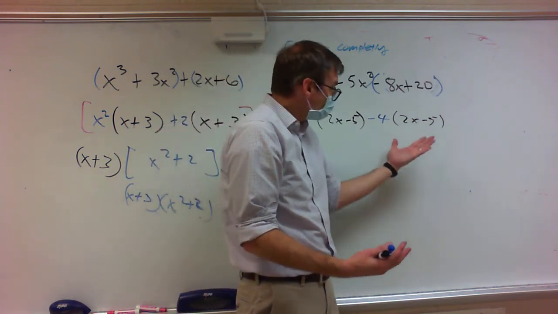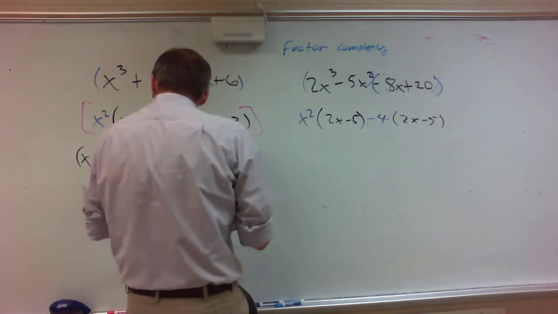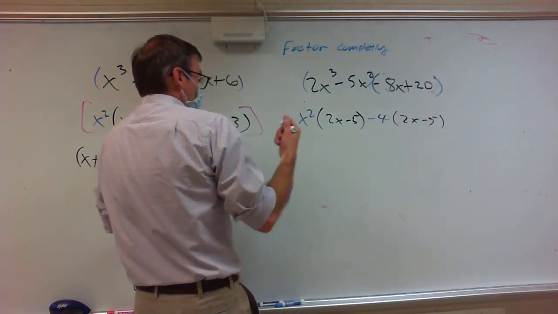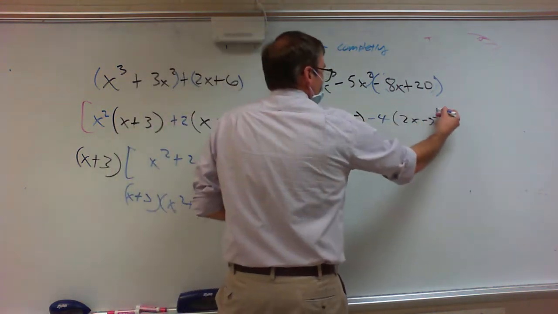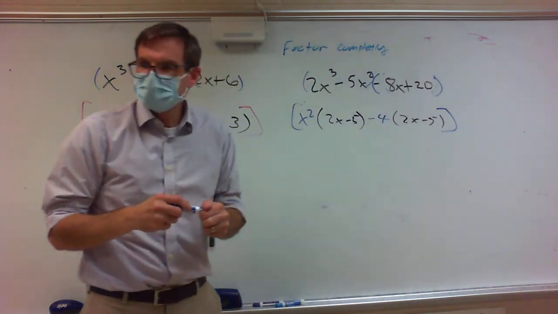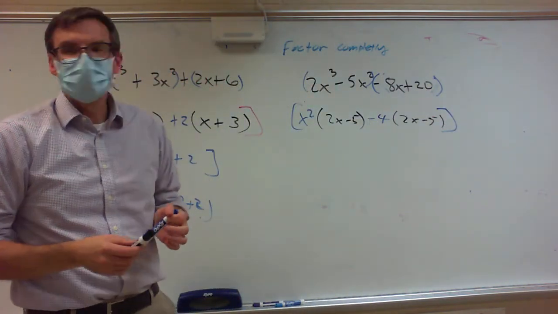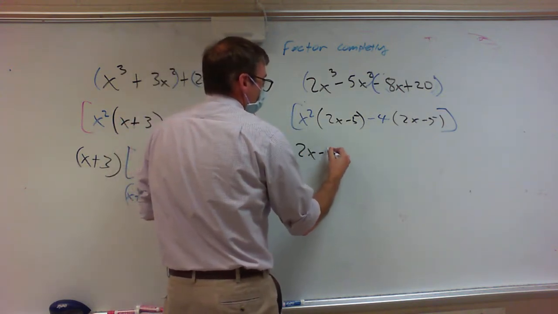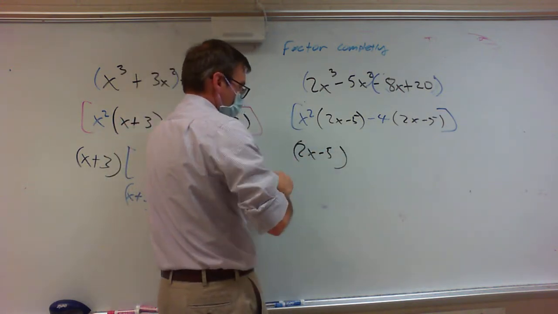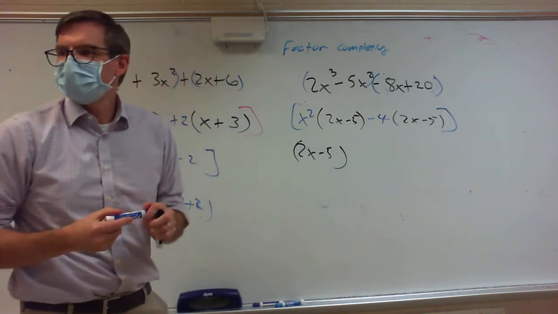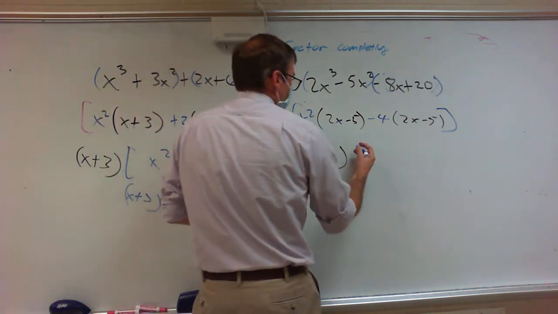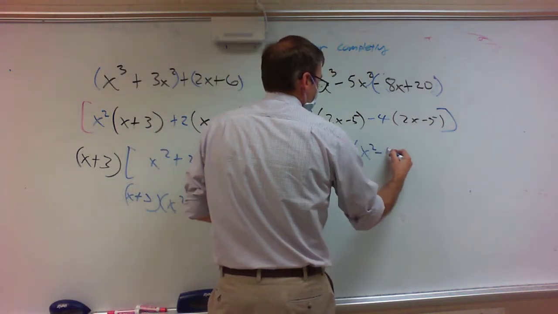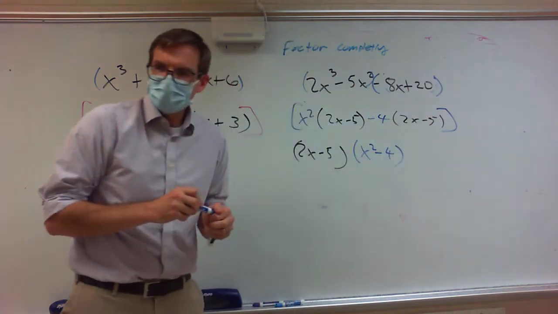And so now when I look at this, what's in common? 2x minus 5. So I pull the 2x minus 5 out. And what's left inside? X squared minus 4. Am I done?